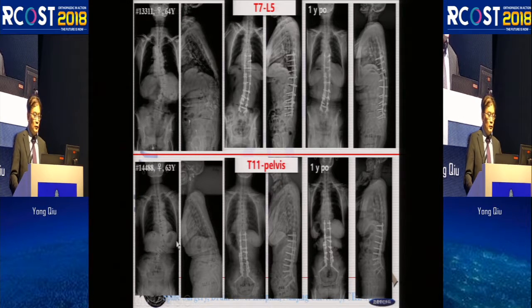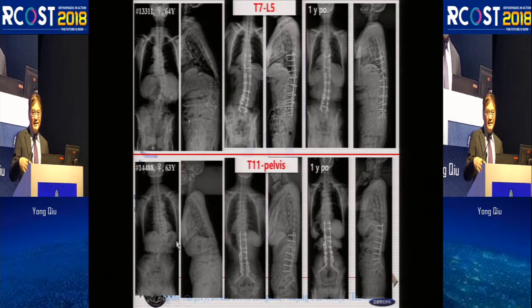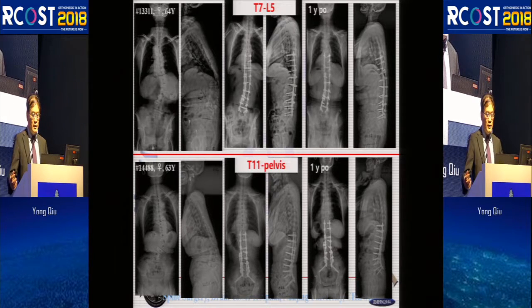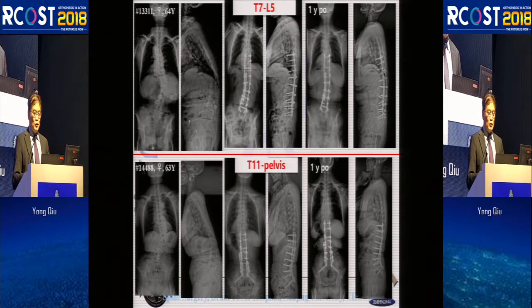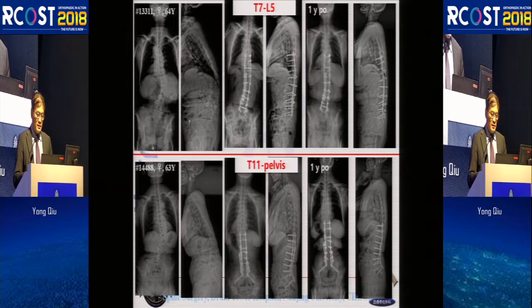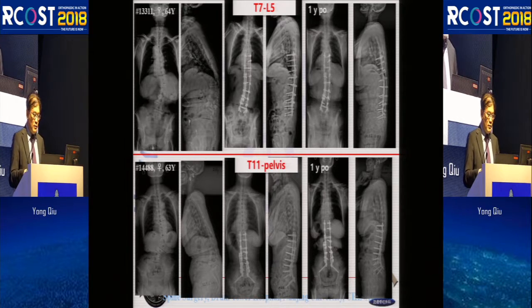So why two similar patients with a different surgical strategy? In my previous presentation, there were two similar patients with similar surgical strategy but different surgical outcomes.